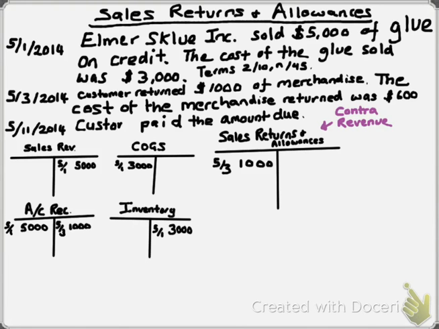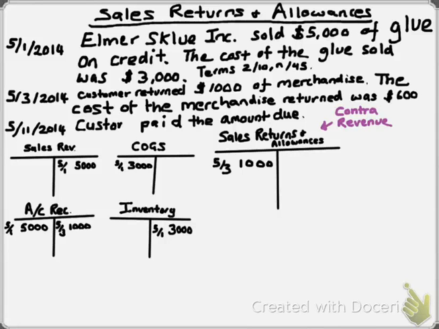Next, let's go ahead and record the $600 of inventory coming back to the company. So if we're getting $600 of inventory, you know that our inventory is going to increase, and we show an increase in inventory by debiting the inventory account. Remember, inventory is an asset. When an asset increases, we debit the asset.